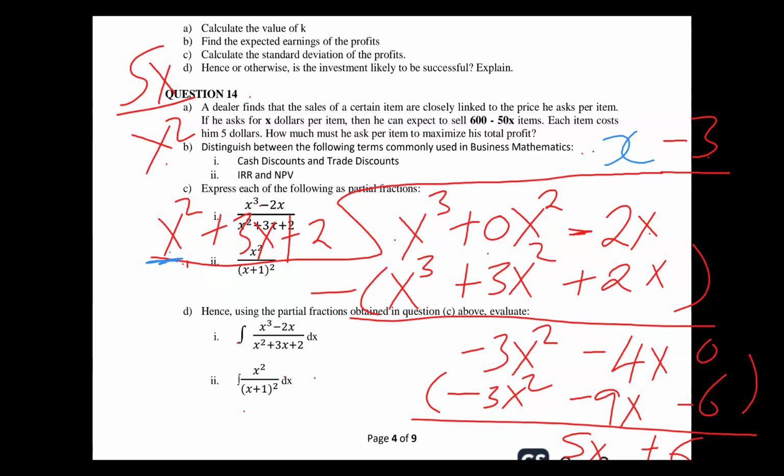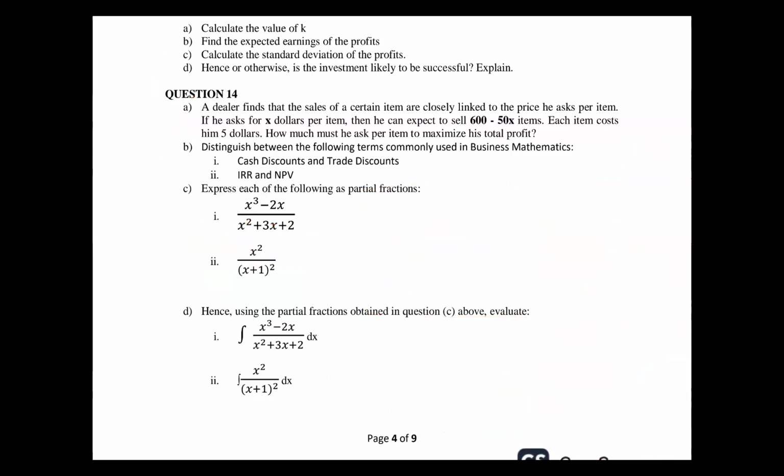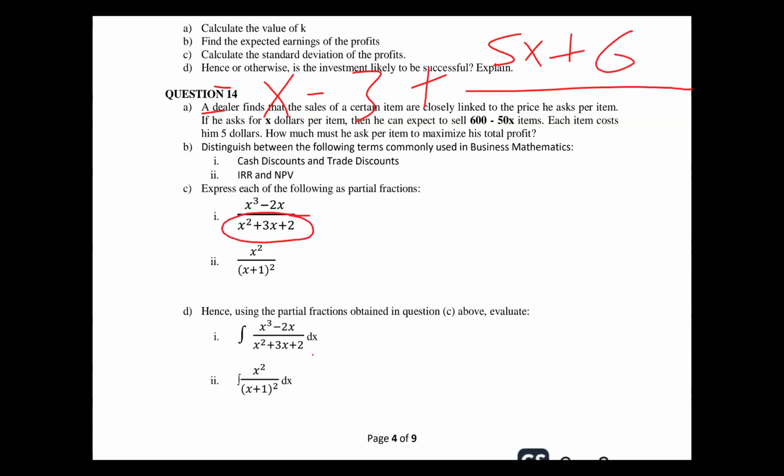So now, going forward from here, we know that when you write this, it shall equal x minus 3 plus the remainder, 5x plus 6, divided by the quadratic fraction.